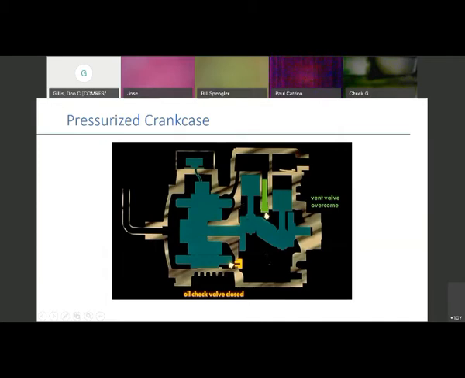This is a normally open check valve, and the only time that should close is on startup. It's designed about 2 pounds lower in pressure than this side, because high pressure wants to go to low pressure, right? So that oil comes down here, goes through the normally open check valve, comes up through here, is picked up through the tube, and goes down through the shaft, and everything's good.